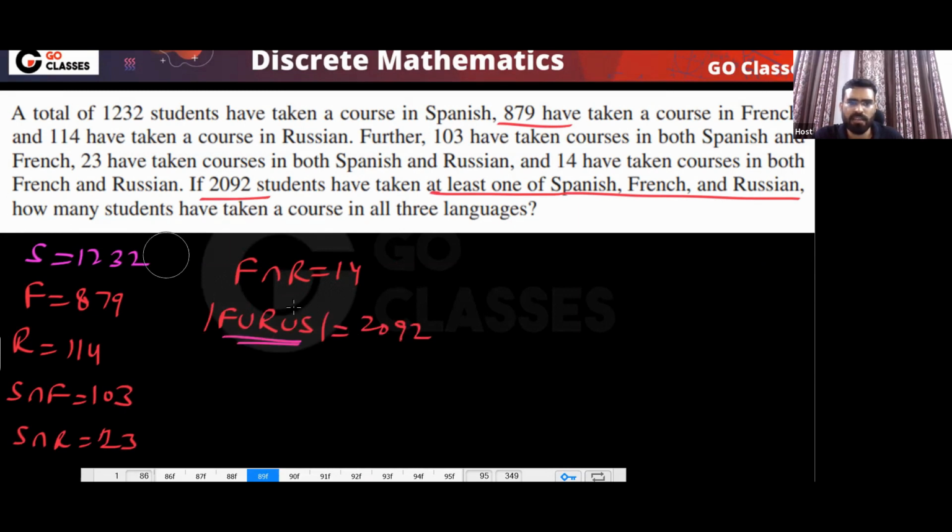So how many are taking this union? That is given. Now, how many students have taken all? The question is asking F intersection R intersection S. So every data you have.